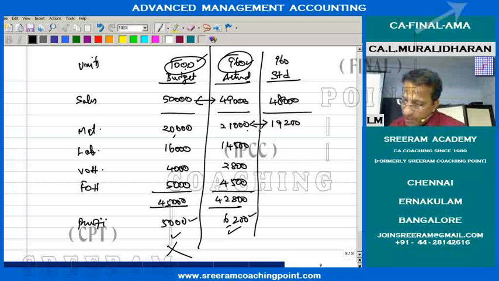Comparison will be fair this way, not this way. Are you understanding? So therefore, it is not budget versus actual. It is standard versus actual, or you can say revision in the budget in tune with the actual is standard.